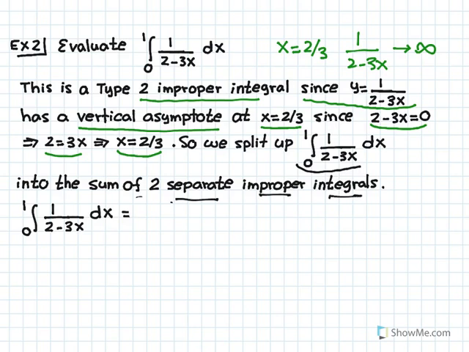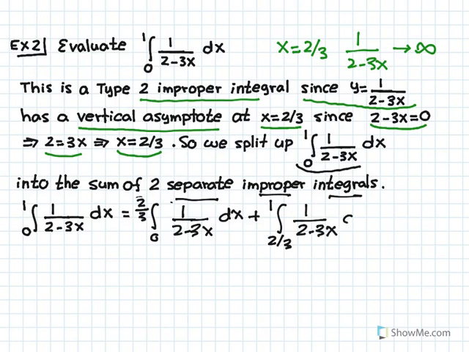So we'll write this as the integral from 0 to 2/3 of 1 over 2 minus 3x dx, plus the integral from 2/3 to 1 of 1 over 2 minus 3x dx.